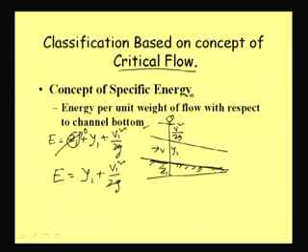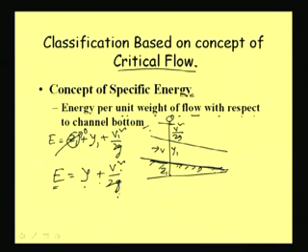Of course, as we are speaking in general without referring to a section, we can write y plus v square by twice g, and that energy we call the specific energy. So the definition of specific energy is the energy per unit weight of flow with respect to channel bottom, and this is nothing but E equal to y plus v square by twice g.